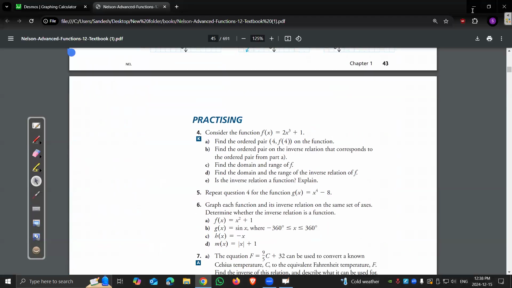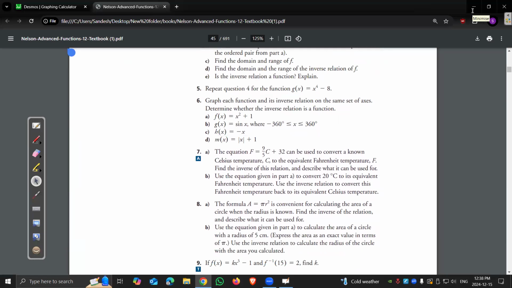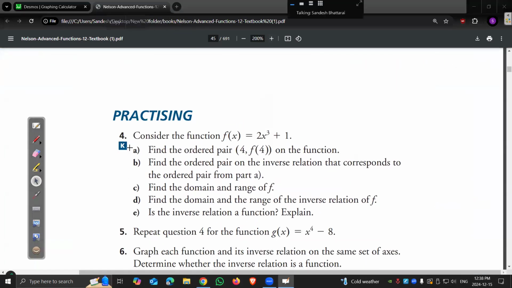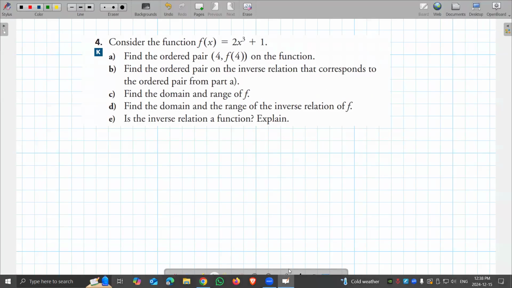So that's inverses through a sketch. It's quite simple. What about through an equation? How do we find the inverse through an equation? Do you remember that? Inverse through an equation is you have to switch the x and the y.